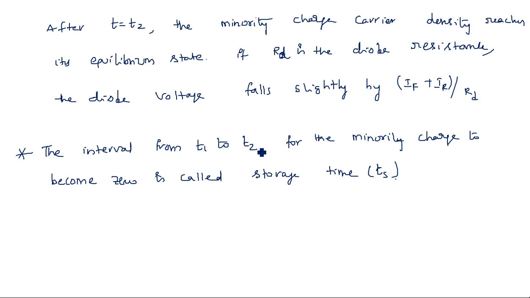It is the time taken by the diode to make the minority charge become 0. This particular interval from T1 to T2 is nothing but the storage time.